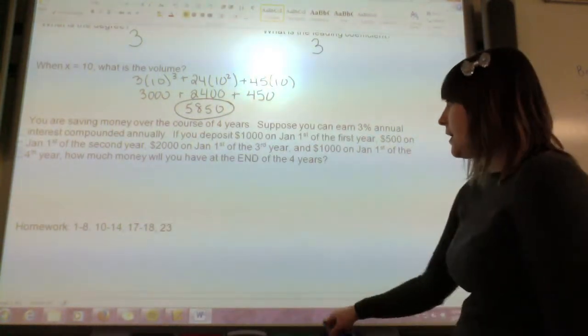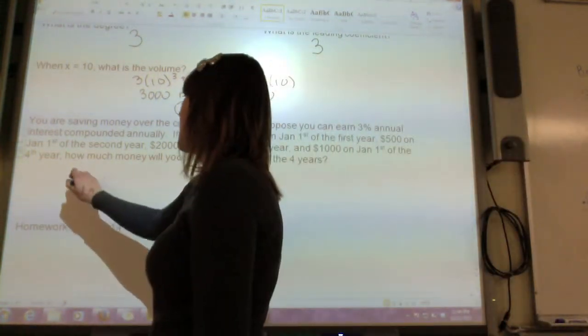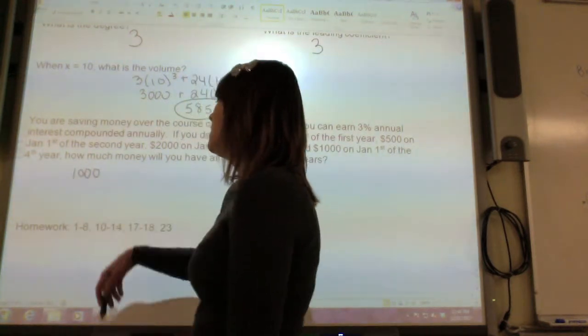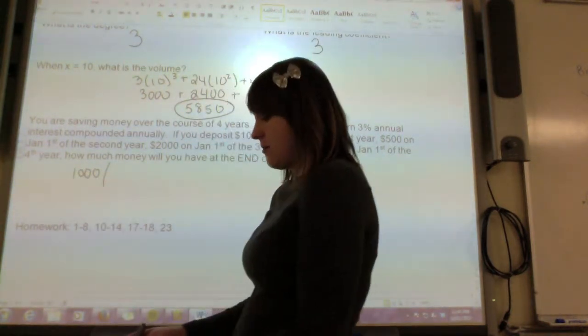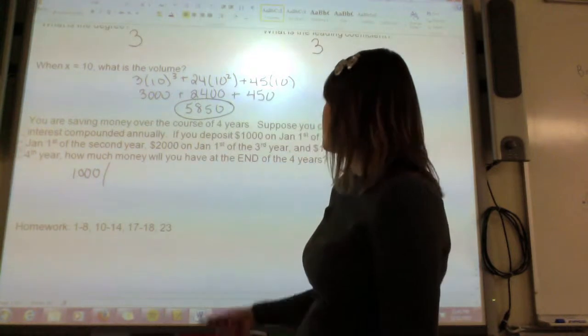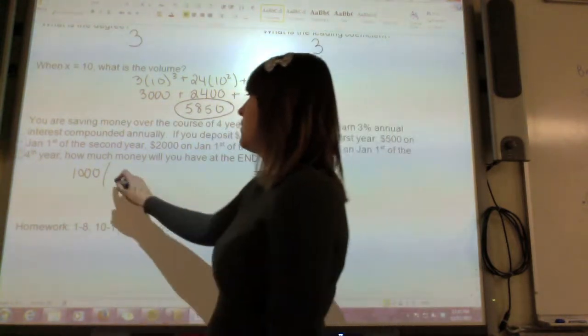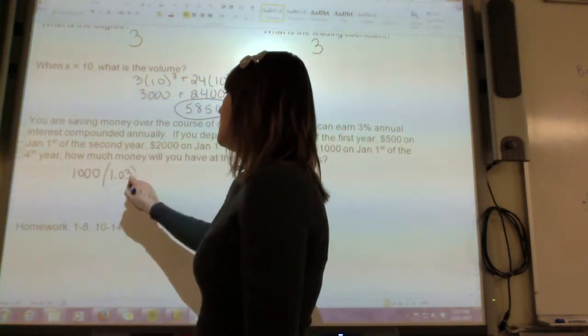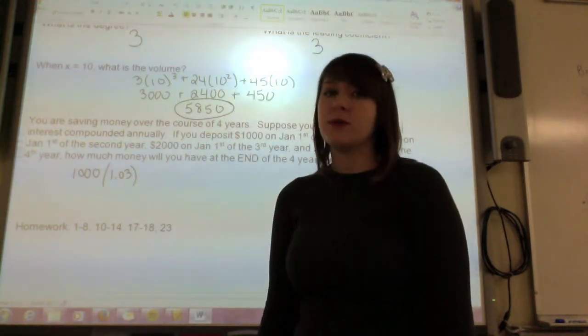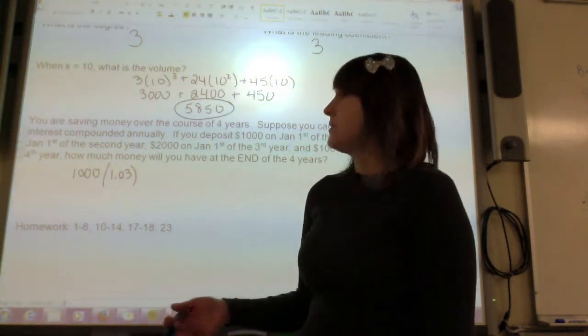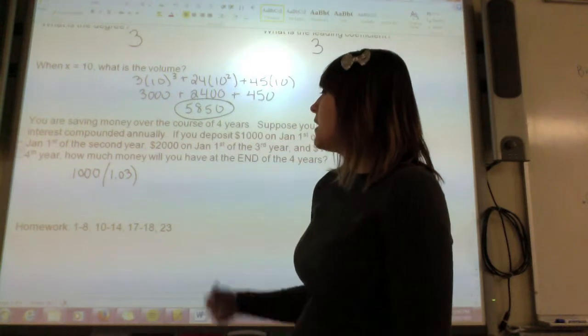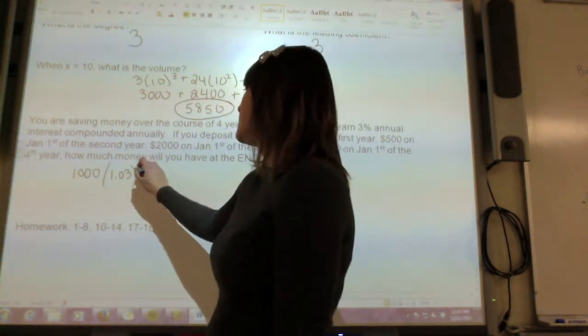So I can write for my first account, which I deposited $1,000 into, I know that that's earning an interest rate of 3% compounded annually, so I can write it's multiplied by 1.03 because it's going to increase by 3%. And that is going to happen for 4 years.